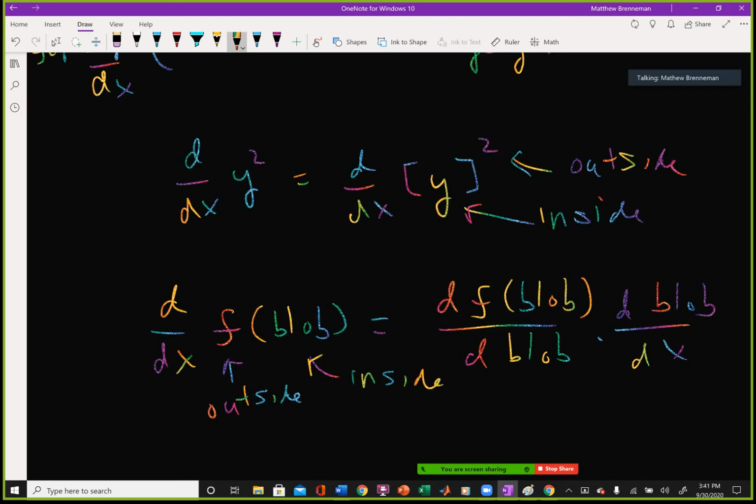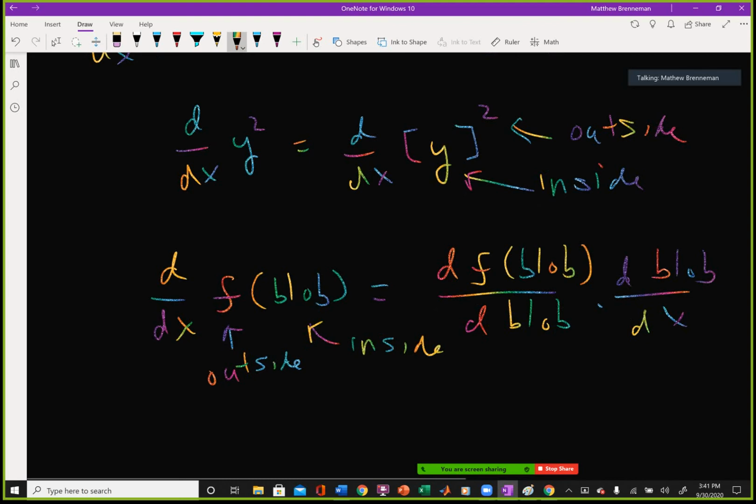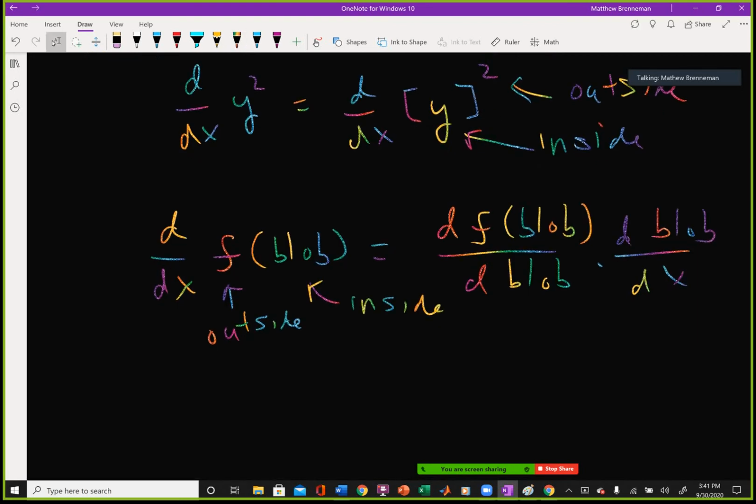If I apply this way of thinking about it, which seems a little weird in the beginning, but just follow me for a second, all right? I'm going to think of blob as y. The blob is the inside. This is f of y.